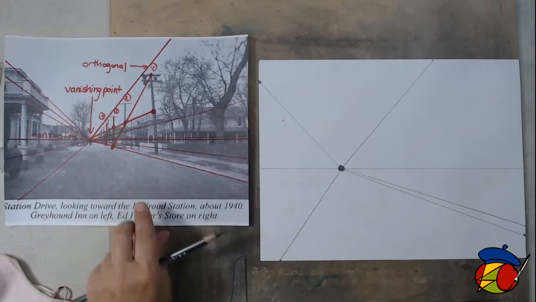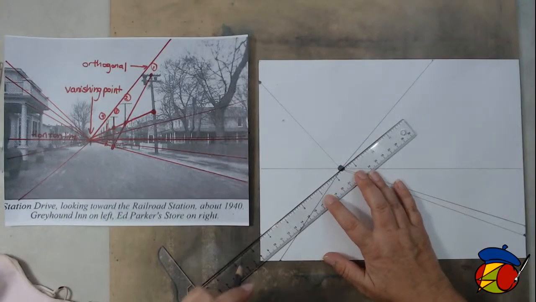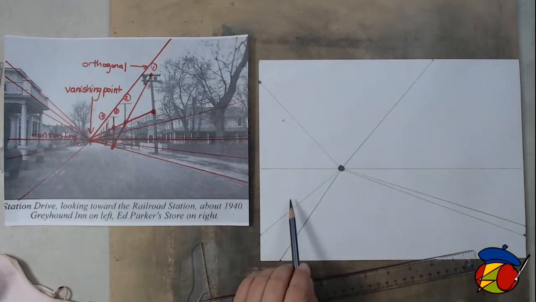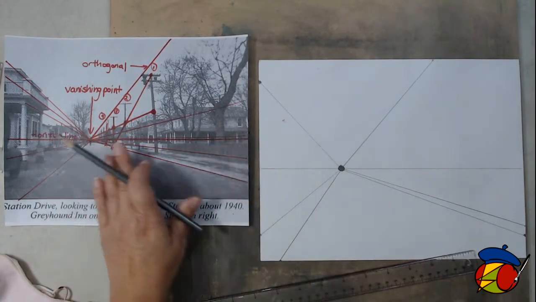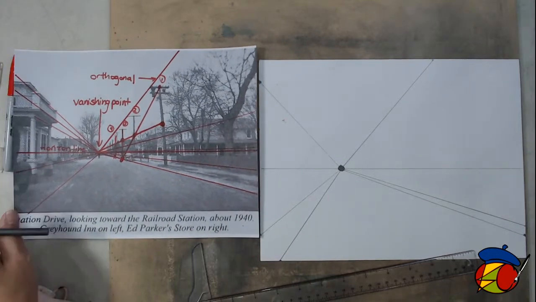And then we have kind of a sidewalk. Actually it looks like there's a car on the side of the road here. I'm going to drop an orthogonal there so that I know. And it kind of lines up with the portico on the building here that's on the left. So we'll take that.